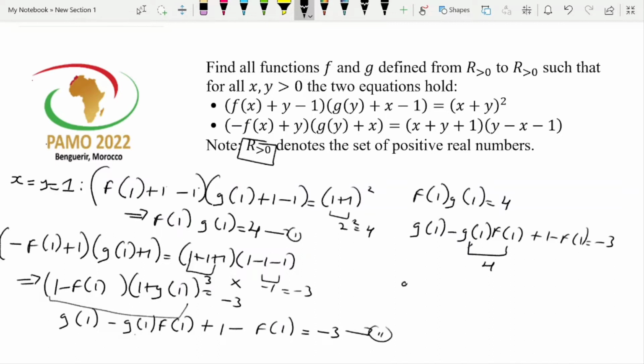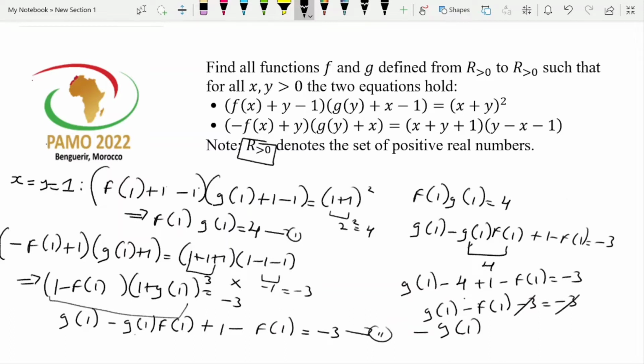So this means g(1) minus 4 plus 1 minus f(1) equals minus 3. Minus 4 plus 1 is minus 3, so this cancels out, and then we have g(1) equals f(1).